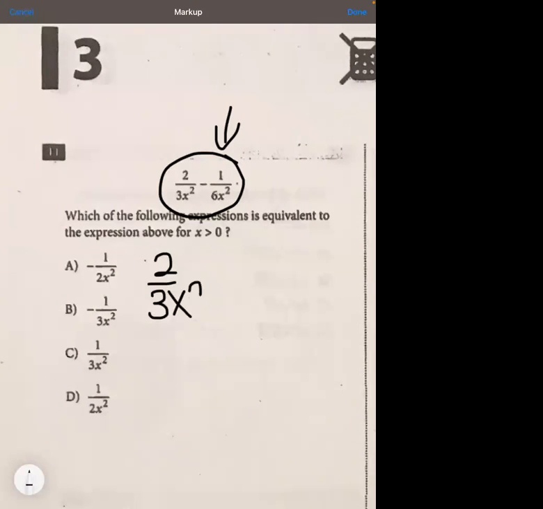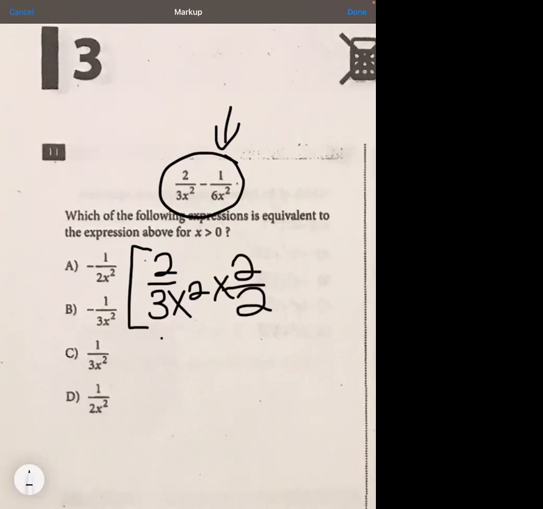We will want to make this right here have the denominator of 6x squared. In order to do that, we can multiply the numerator and the denominator by 2.